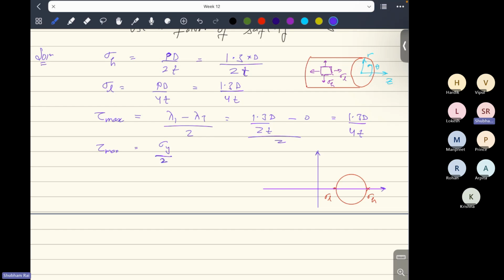So it will be yield stress divided by 2, and this should be equal to sigma hoop stress divided by 2, if we want to apply the maximum shear stress theory. I mean, this should obviously be greater than sigma hoop stress divided by 2. This is what tau max is, sigma hoop stress divided by 2, and this is as per the maximum shear stress theory.